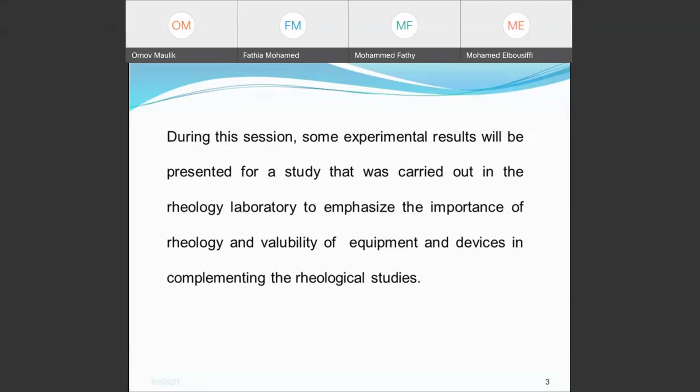During this session, some experimental results will be presented for a study that was carried out in the rheology lab to emphasize the importance of rheology and the value of equipment and devices in complementing rheology studies.